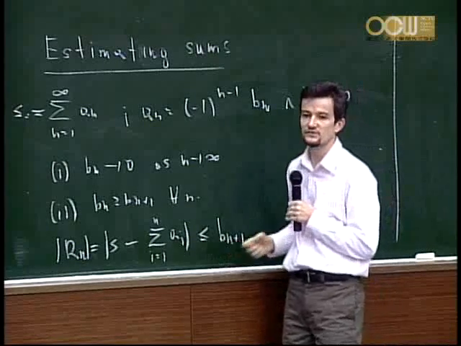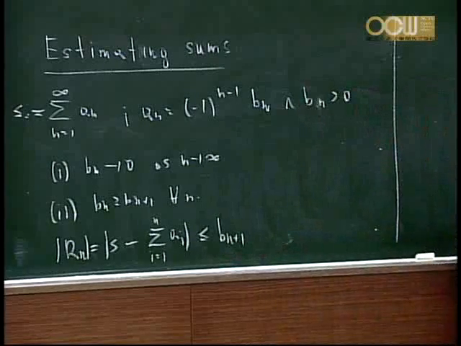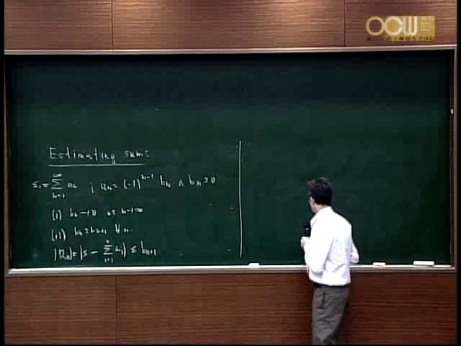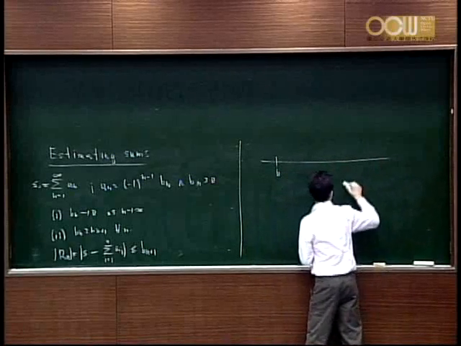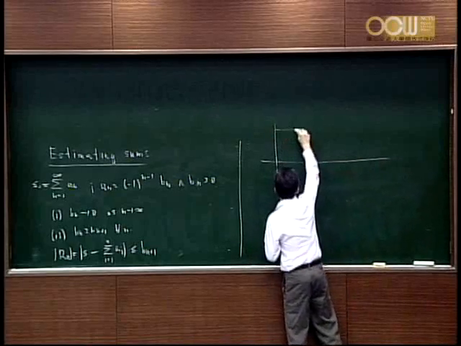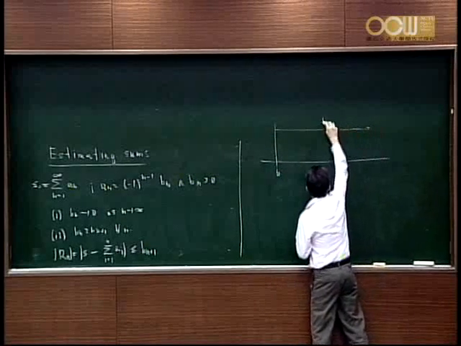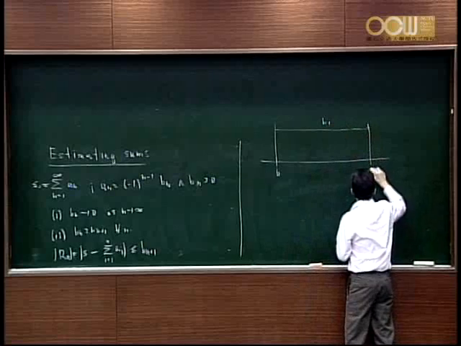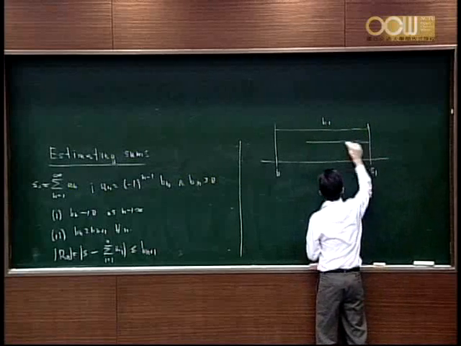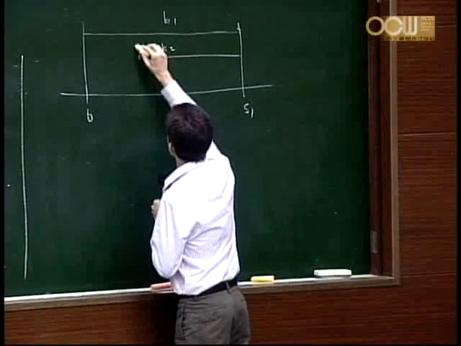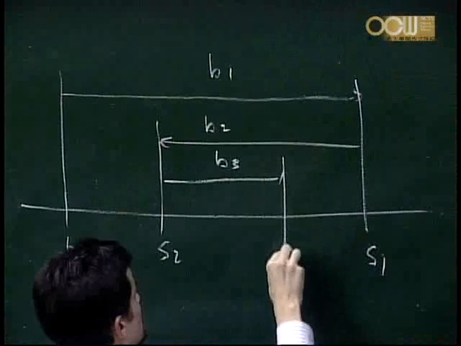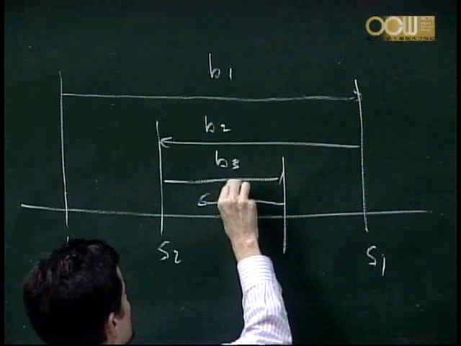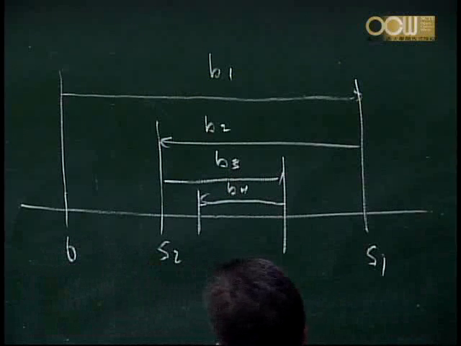Now, the proof of this is essentially already contained in the picture I showed you when we started to talk about alternating series. So you have this kind of picture. Here you have b1, here you have s1, here you have b2, here you have s2, here you have b3, here you have b4, and you go on like this.